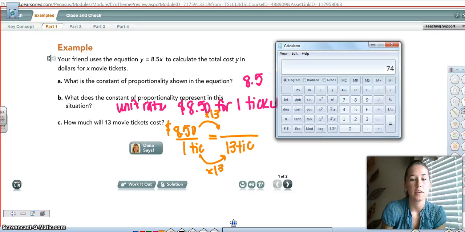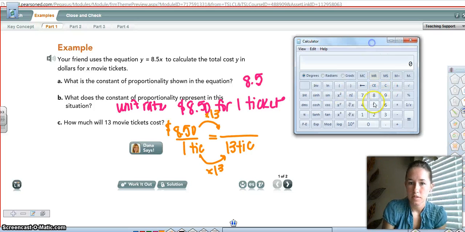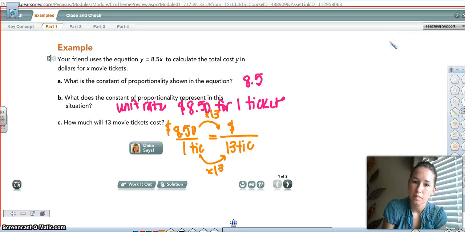We can use a calculator to help us, just to speed things up. $110.50. So that is the answer to part C.